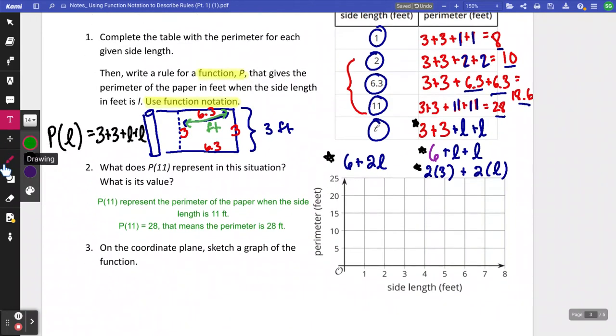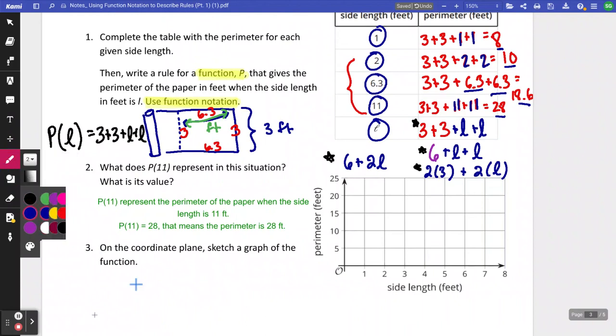For number 3, this does end up being a linear equation. When you go to sketch your graph here, the y-intercept is going to start at 6, just because there was always that 6 that we were adding at the beginning. And then when we plot a couple more of these points, for example, side length of 1 we found is at 8, and then side length of 2 is at 10.